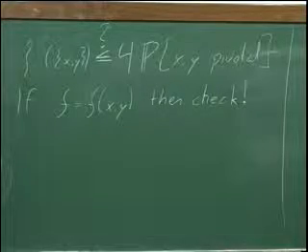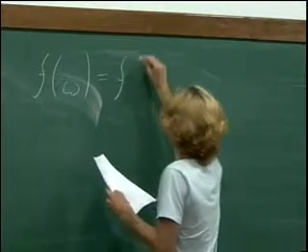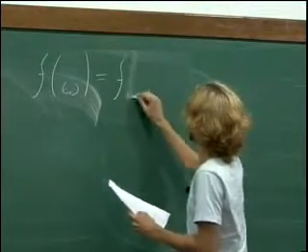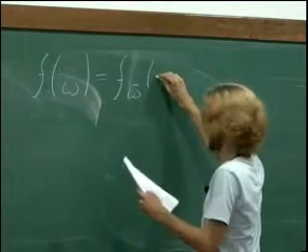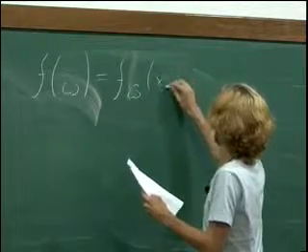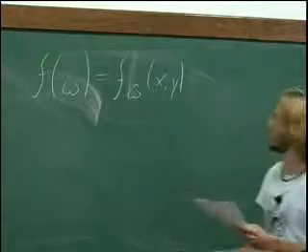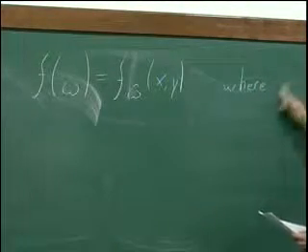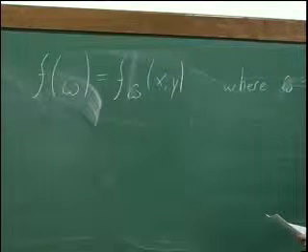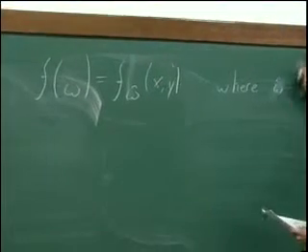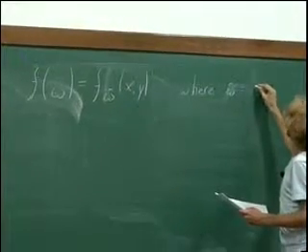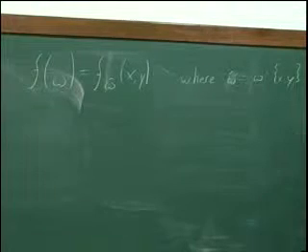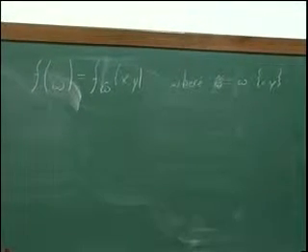F of omega equals f omega hat of x and y, where omega hat equals, this is horrible notation, but you'll manage to understand what I mean.